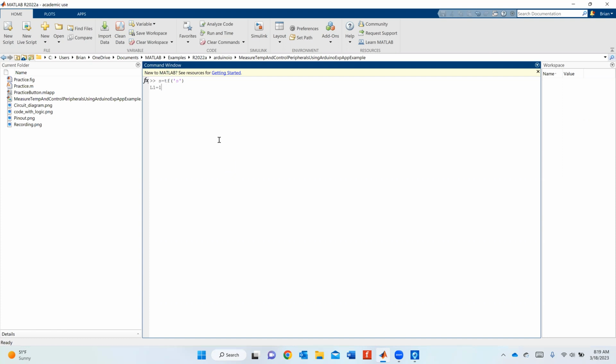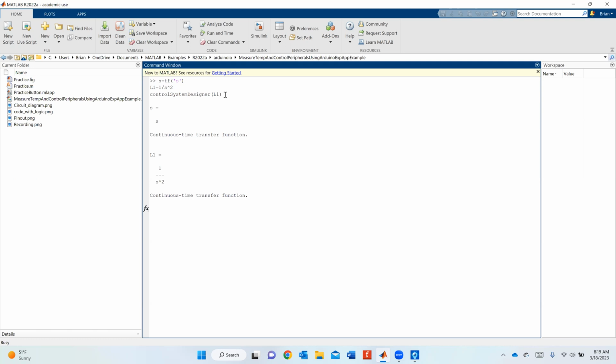Oops, 1 divided by S squared. And then we need to plot the root locus of this. But what I'm actually going to do here is I need to open up Control System Designer, which will plot the root locus and the step response. And so I'm going to call Control System Designer of this here. And so it's running for me.